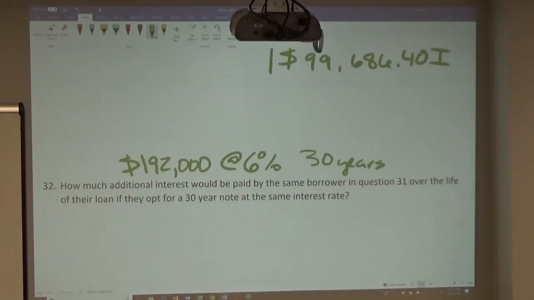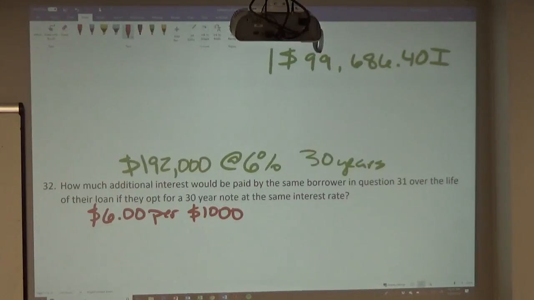So we go to that chart on page 449, and we want to look up 6% interest and 30 years, which is $6 exactly.